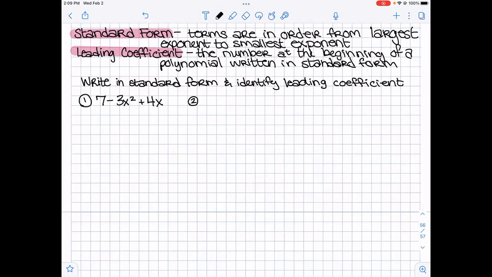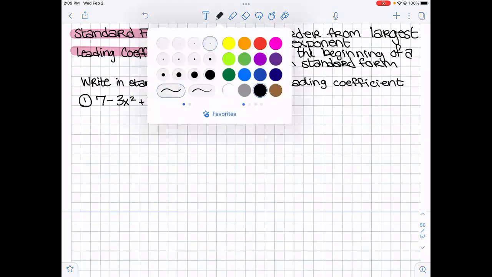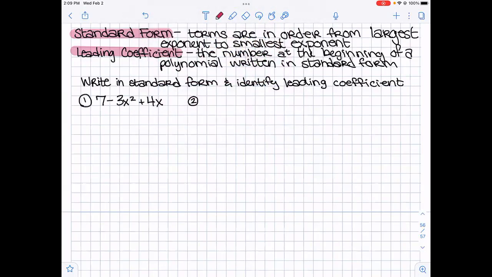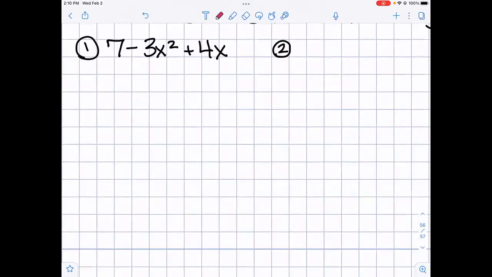Okay, so the first one, 7 minus 3x squared plus 4x. First thing, we got to write this in standard form. So in standard form, what term would come first? Which one has the highest degree? The negative 3x squared.